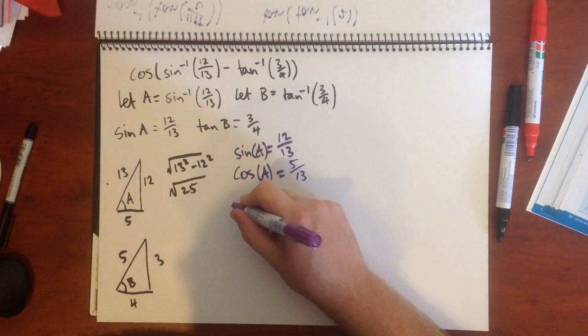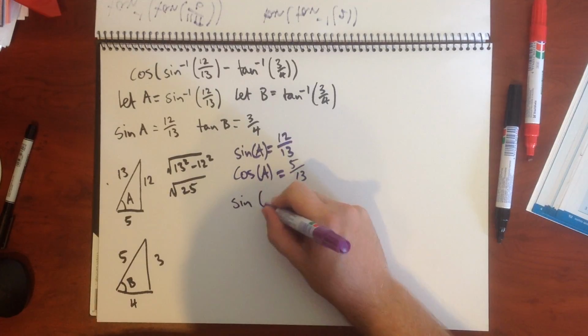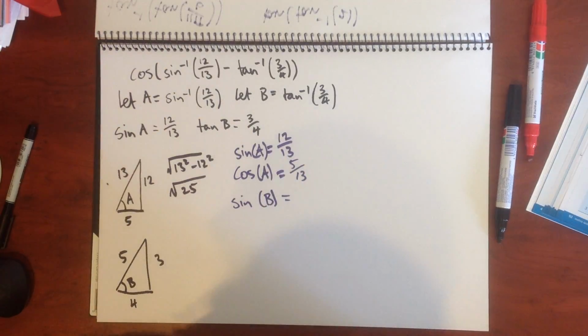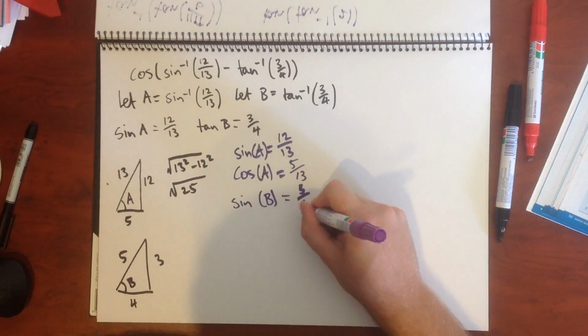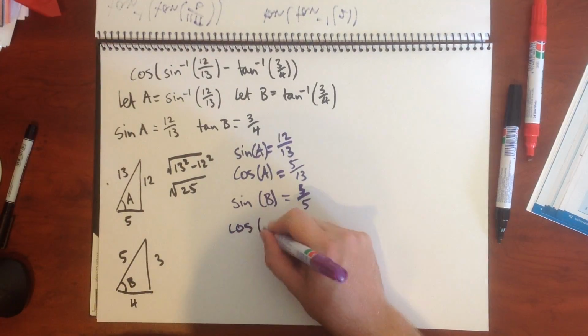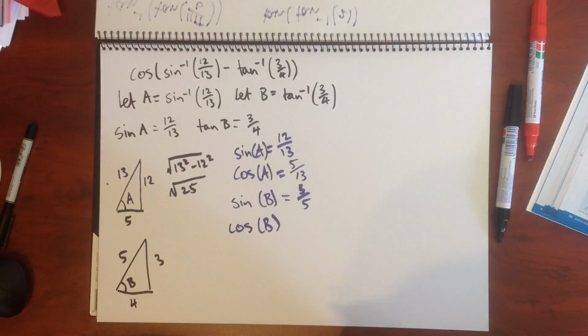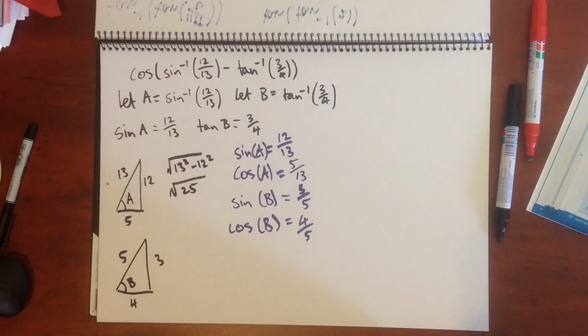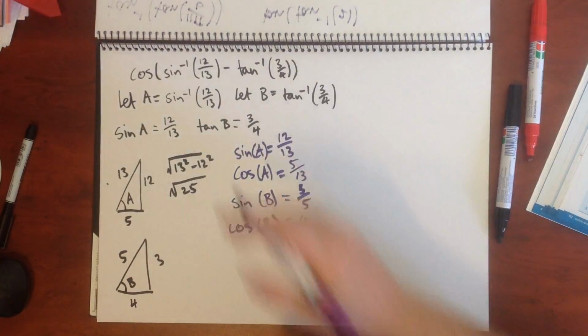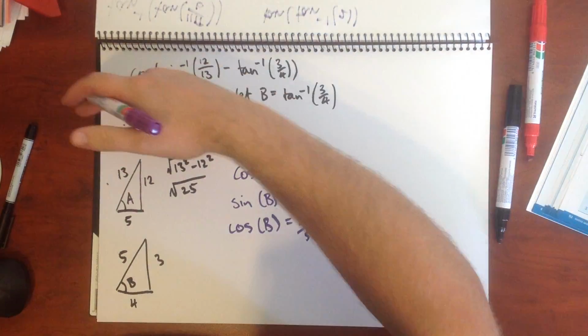We need sine of B, it's going to be our 3 on 5. We need cos of B, which is going to be 4 on 5. Right, now we've got everything that we need to actually work on this.